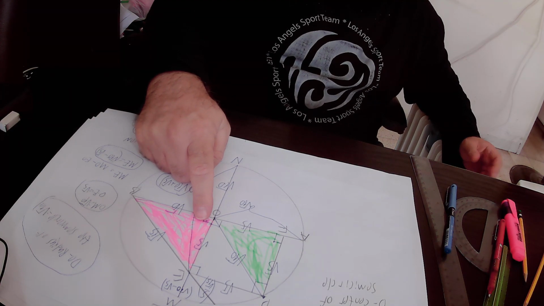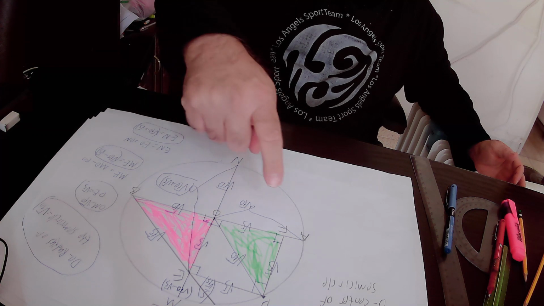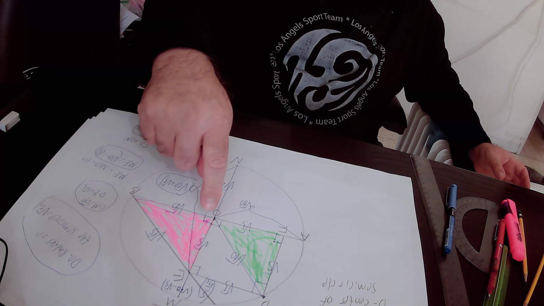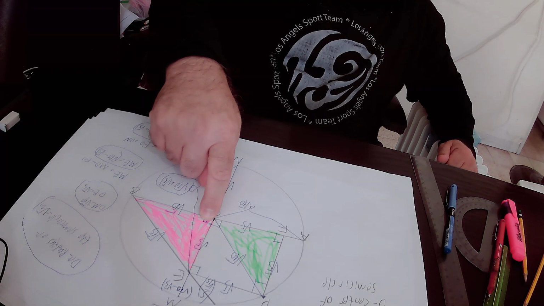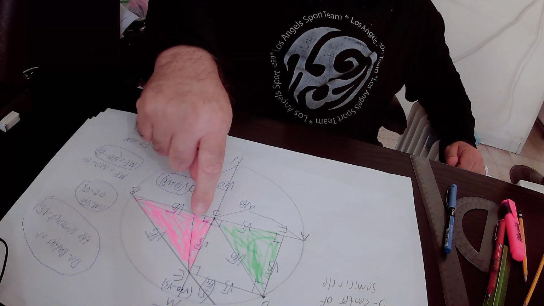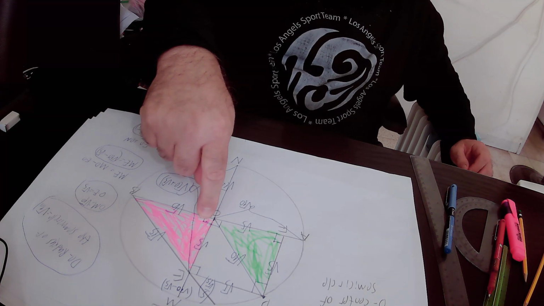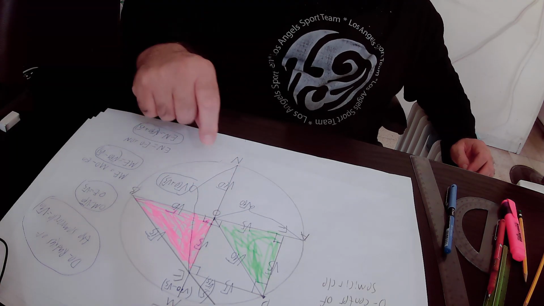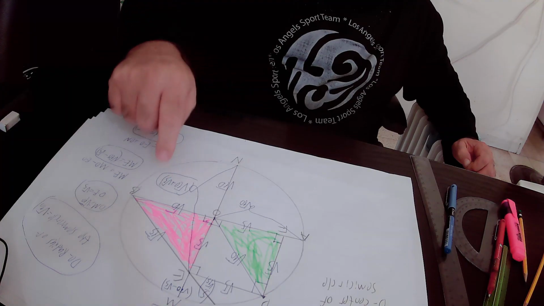Therefore, the missing angle must be equal to 90 degrees in order to complete the sum of the angles on the upper side of AB at point O to 180 degrees. The missing angle must be equal to 90 degrees. And because the missing angle EOB equals 90 degrees, the pink triangle EOB is a right triangle. Therefore we can implement the Pythagoras theorem on the pink right triangle EOB.